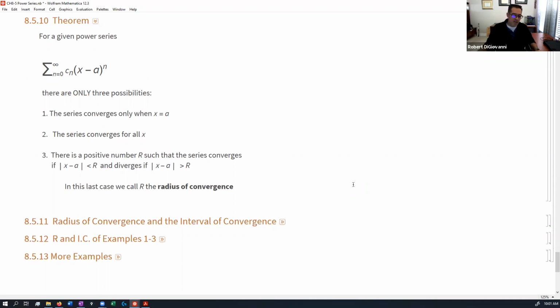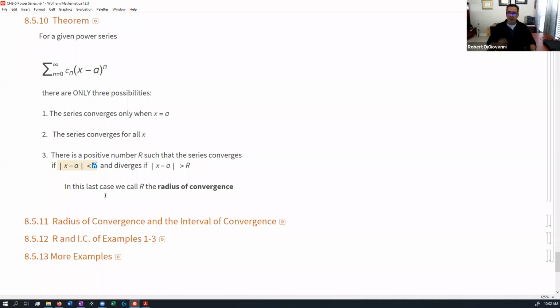There's a theorem that says for all power series, doesn't matter, give me any power series, there are only three possible answers for when it converges. Three, that's it. It will converge only at a single point when x equals a, or it will converge for all x, which was our third example, or it will converge on some interval, meaning there's some positive number R, which we will have a name for in a second, so that as long as the absolute value of x minus a is less than that R, then we have convergence.